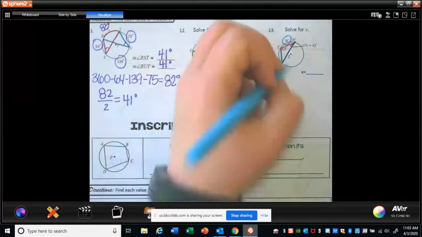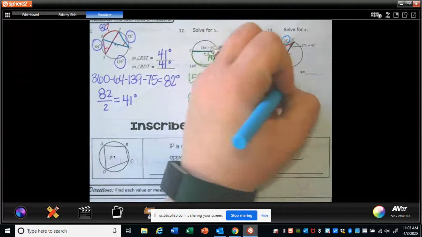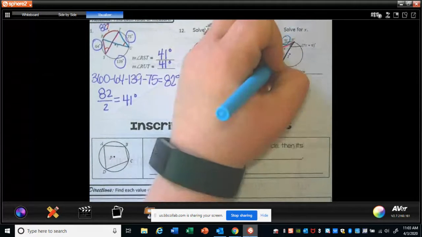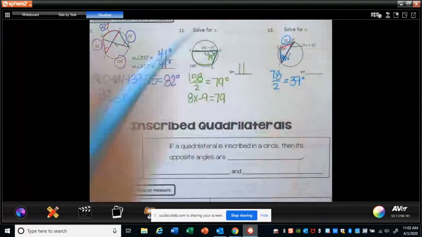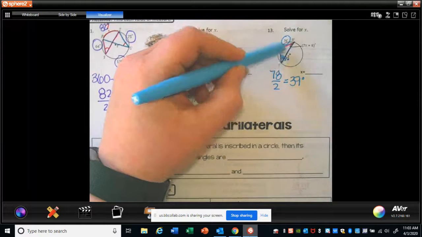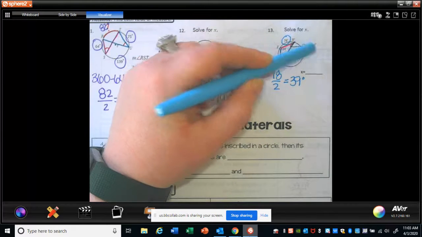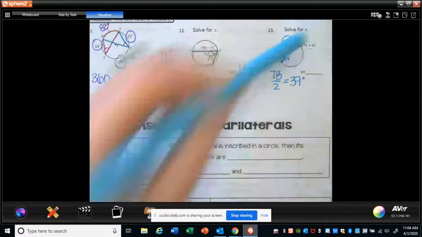So if I take half of 78, that gives me 39 degrees. So I know this angle is 39 degrees. Now, going back to what we know about triangles, the interior angles of a triangle add up to 180 degrees. So I know 2 angle measures in that triangle, and then I know this third one has the expression 7x plus 6.